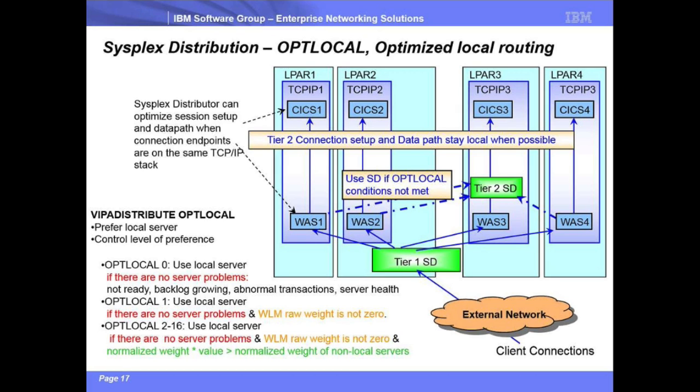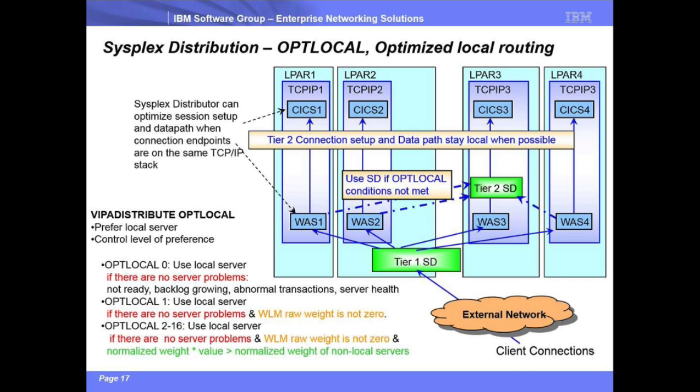Okay, another function associated with Sysplex distribution is optimized local routing. So when OPTLOCAL, or optimized local routing, is configured, the intent is to prefer a local server, that is, a server on the same stack as the client.